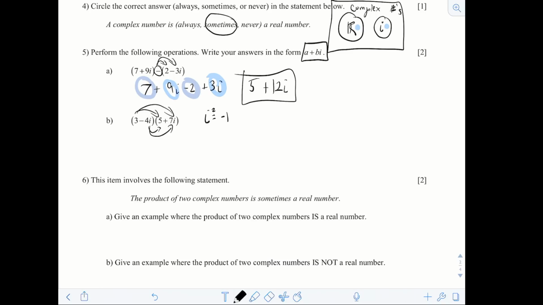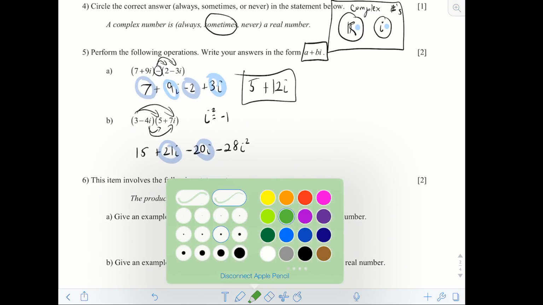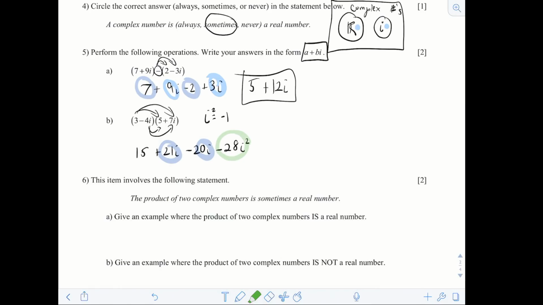So 3 times 5 is 15, 3 times 7 is 21i, minus 20i, and then to finish this up, negative 28i squared. Now combine like terms, the 21i and the negative 20i, and then we also have the negative 28i squared and the 15.